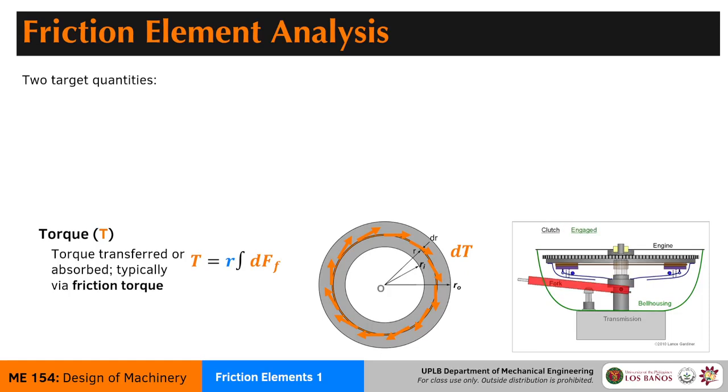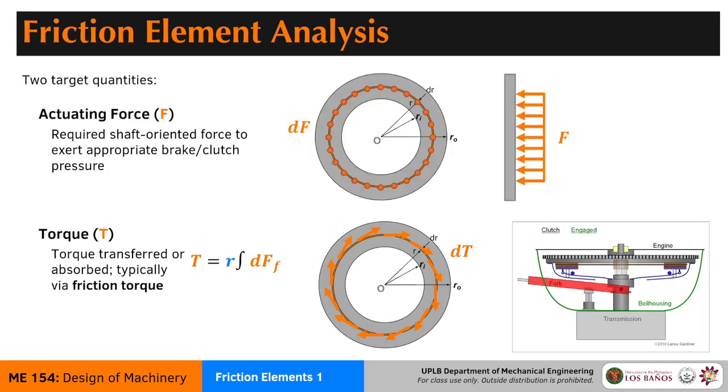We also need to know this even if we don't use a brake pedal and just use electronic means. We need to solve for the engaging force, or the actuating force. This is the force experienced by the clutch or the brake when it is pressed against whatever it is trying to stop or transfer motion to.